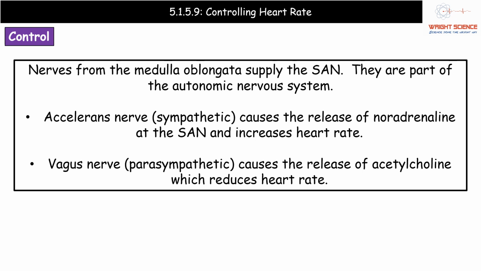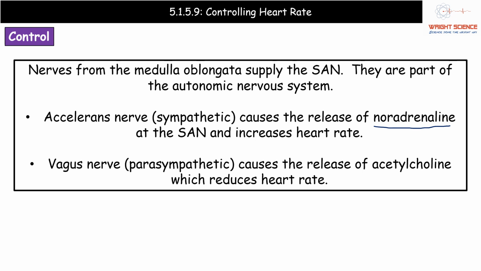So we've got two bits we need to remember here, and remember in our autonomic nervous system we subdivide further into the sympathetic and parasympathetic. So the sympathetic nervous system part is something we call the accelerans nerve, and this is going to cause the release of a neurotransmitter called noradrenaline. Now, if noradrenaline is present at the sinoatrial node, that's going to lead to an increase in heart rate.